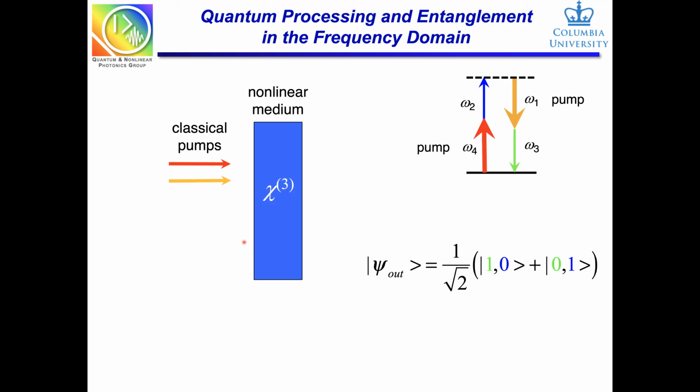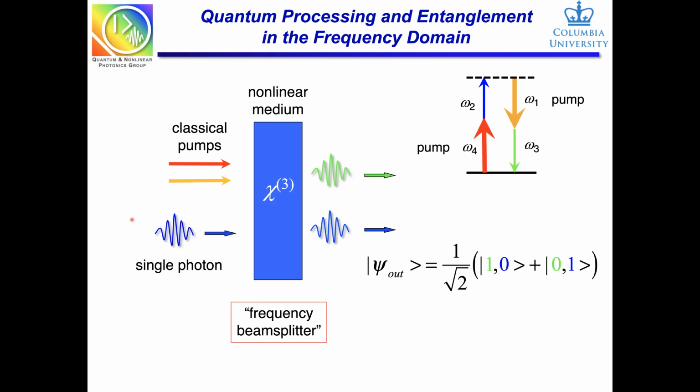Okay, so the idea is if I now come in with, let's say, a single photon, what you'll find is if you adjust the powers of these pump waves such that they're just the right power, there is a 50-50 chance of the photon staying in the color that it's in, or converting to a new color, let's say a green color. If you write the state of the system for the photon now, this is in the frequency domain, where the photon might be green, 50% chance it's green, or blue, 50% blue. And it turns out that the state of the system looks just like that of a beam splitter.